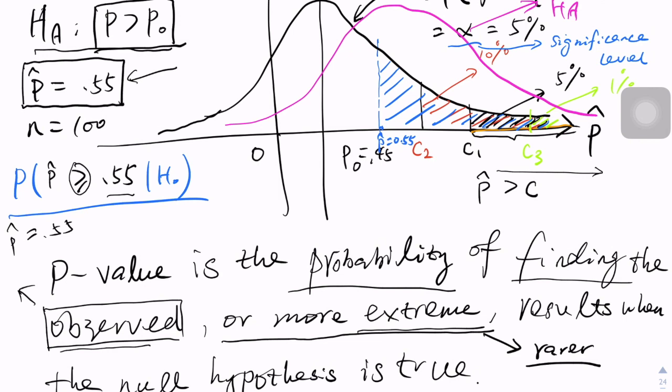You just need to calculate your p-value based on what you have observed, then compare this p-value to the existing alpha. Say if you want your alpha to be equal to 10%, you just compare the p-value to 10%. If your alpha is equal to 1%, then you just compare your p-value to 1%.